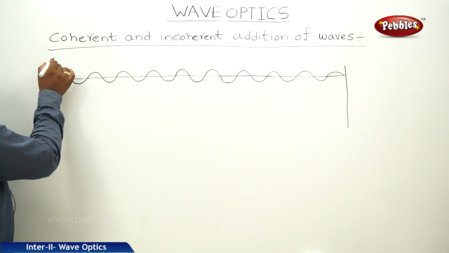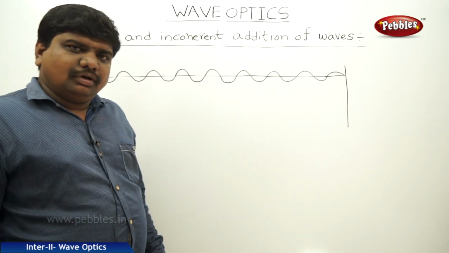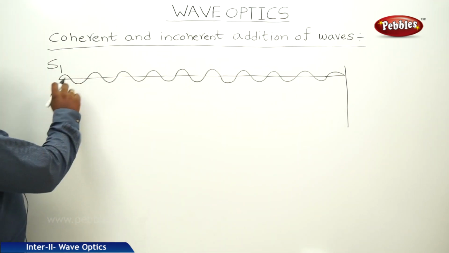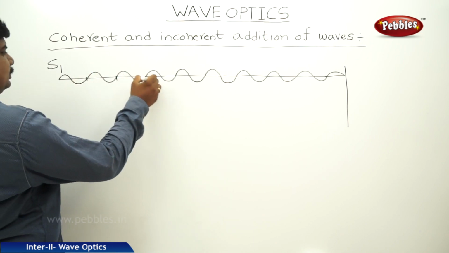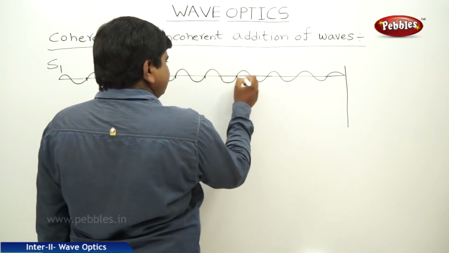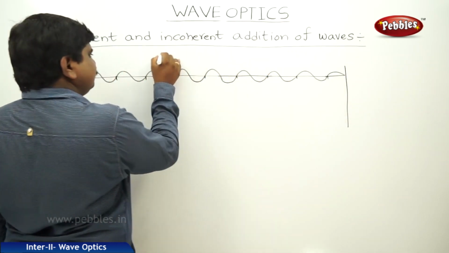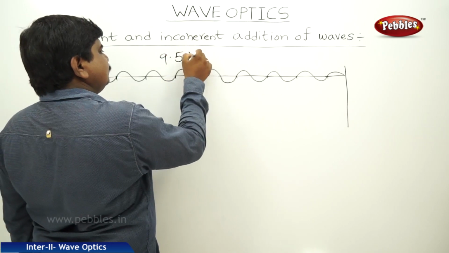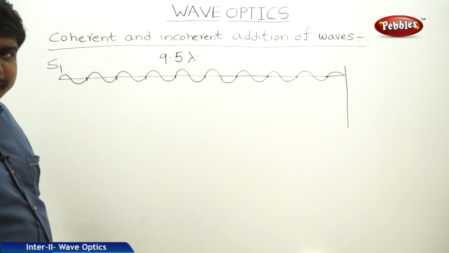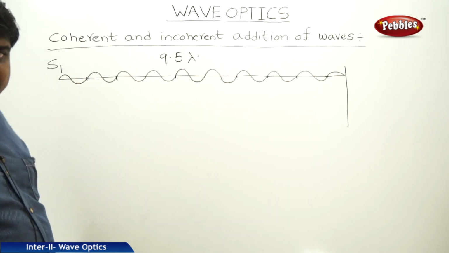Let us say the source 1 has released a wave of wavelength 9.5 lambda. Perpendicularly or with some angle, another source also released a wave pattern like this.